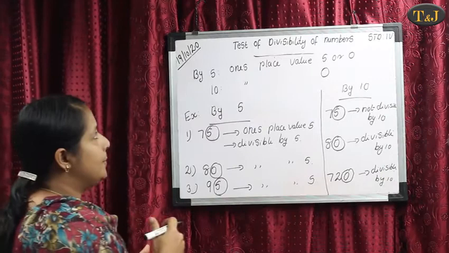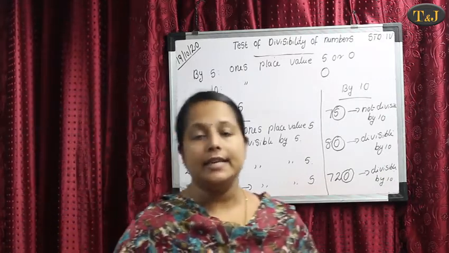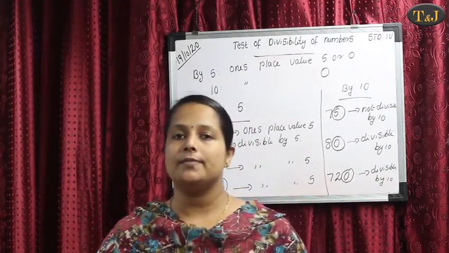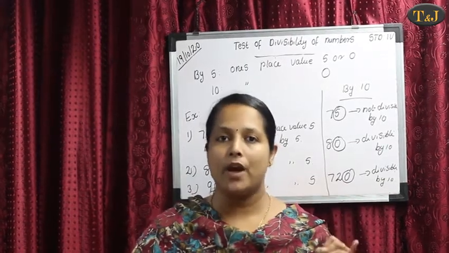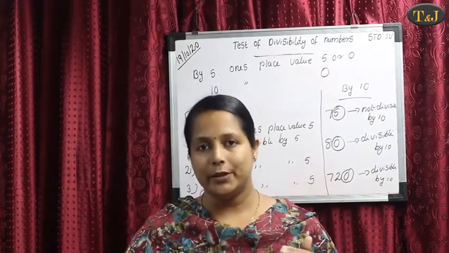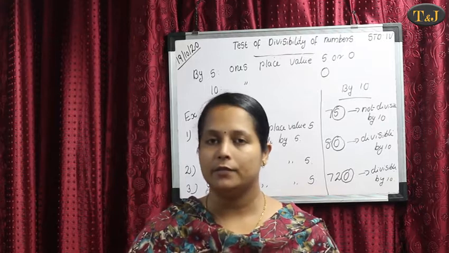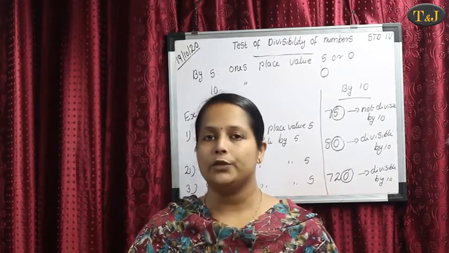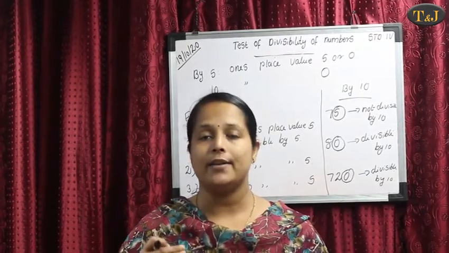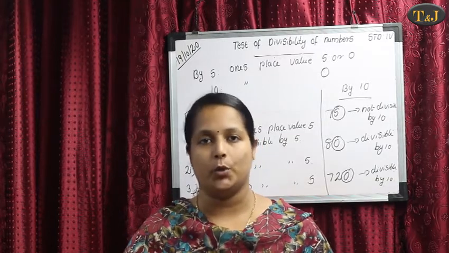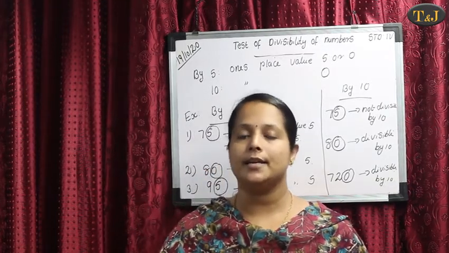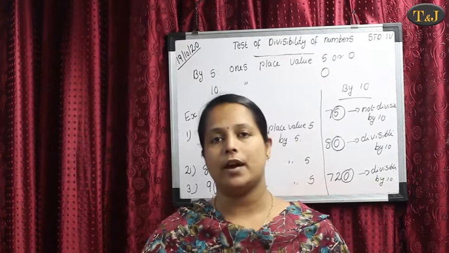So the test of divisibility by 5 and 10: in the case of 5, the ones place value is 5 or 0. In the test of divisibility by 10, the ones place value is only 0.